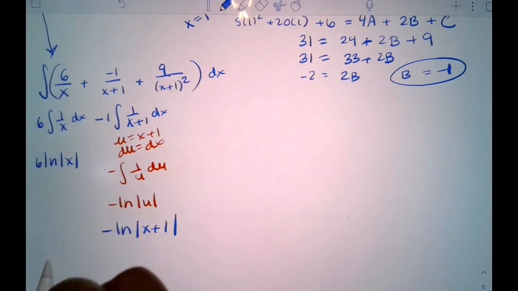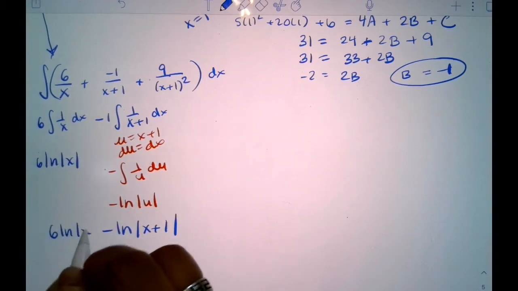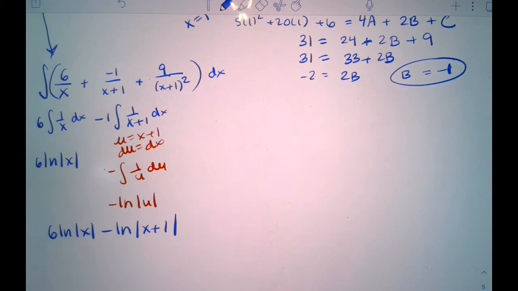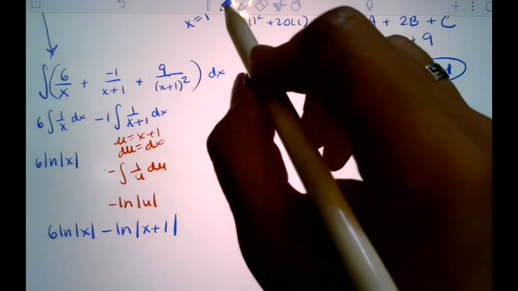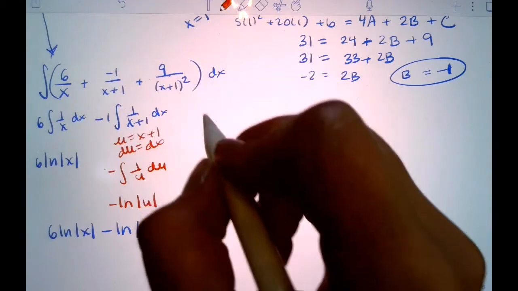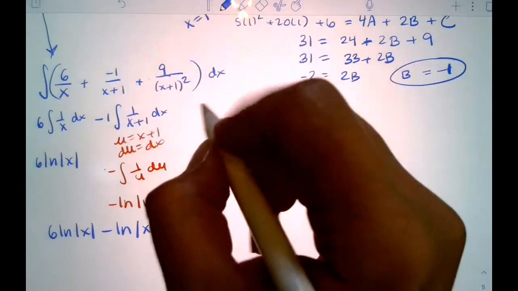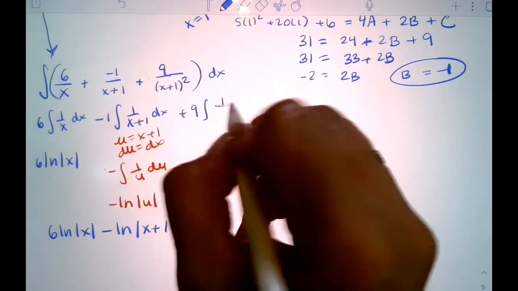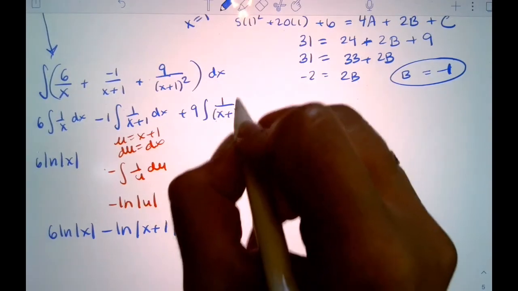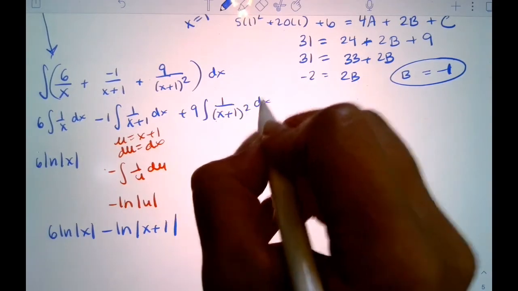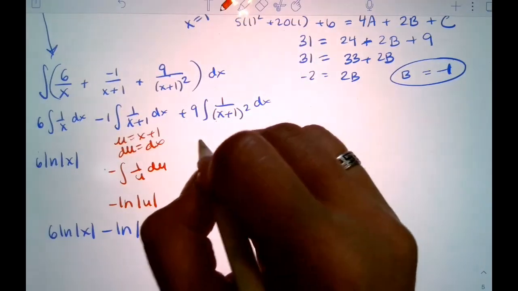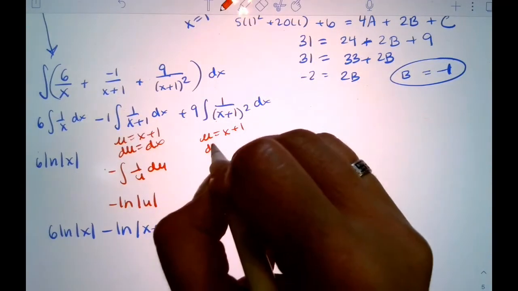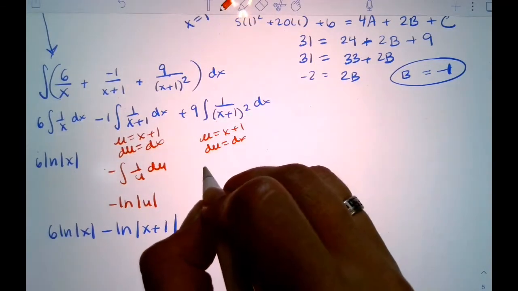So let me not forget about this first part of my answer over there. I'm just going to rewrite it. And now let's get into it on the last one. What do I have there? Well, let's see. I have 9 times the integral of 1 over x plus 1 quantity squared. Now this is also going to be a u substitution where u equals x plus 1. Now let's just be careful what's happening here.